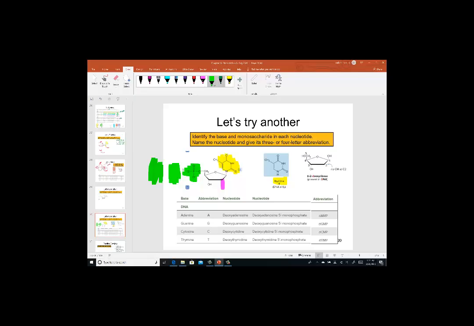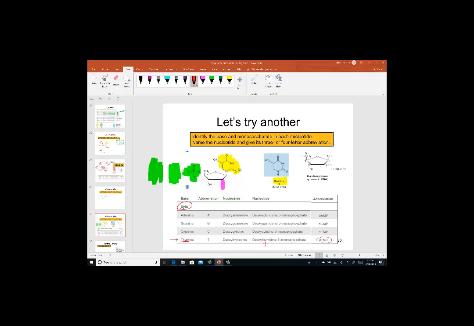So with this example, we found the base to be thymine. And the sugar had to be DNA sugar because it was deoxyribose. So in a DNA molecule, when the base is thymine, the name of the nucleotide is deoxythymidine 5' monophosphate.